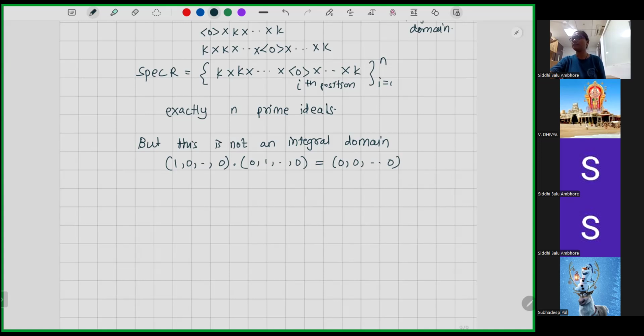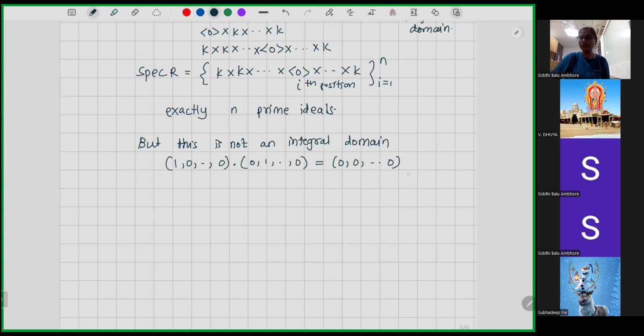Do you understand? We can take x1. Yes, exactly. So x1 is a prime ideal there. That's not a problem. It is not an integral domain anymore, but it is still a prime there. So there are many more prime ideals there than which you mentioned.